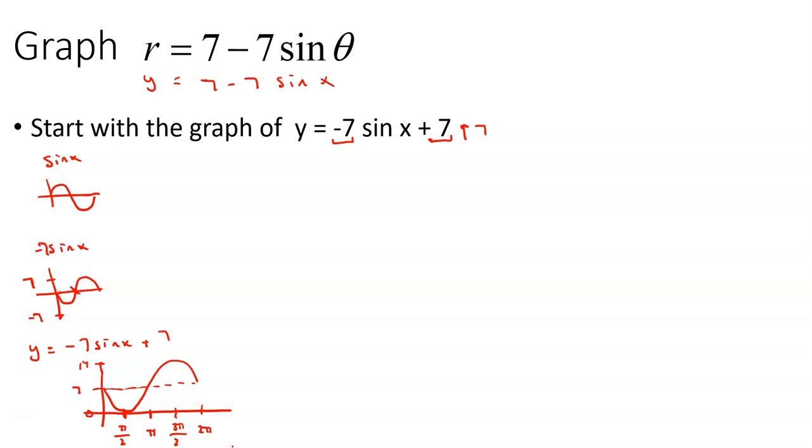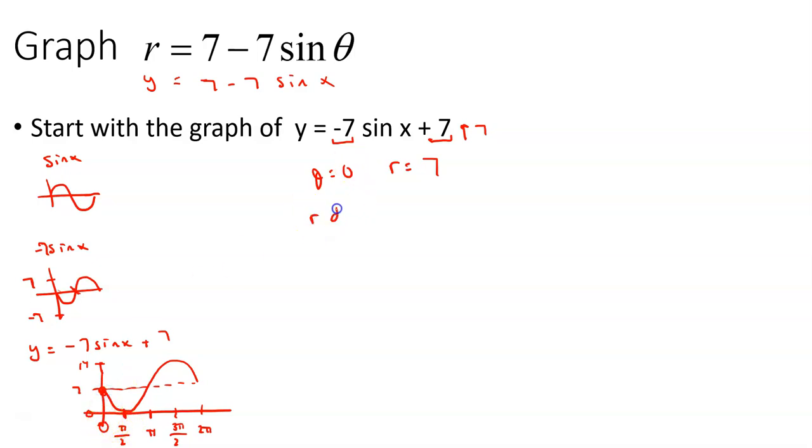From this graph, I'd like to get some information about the radius of my new function. Well, what I've graphed actually is the radius. So when theta is 0, the radius is 7. I know that because it starts here at 7 at theta equals 0.